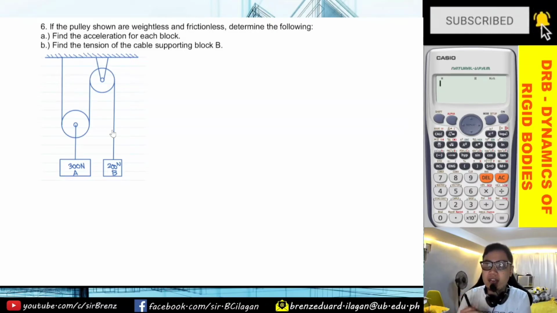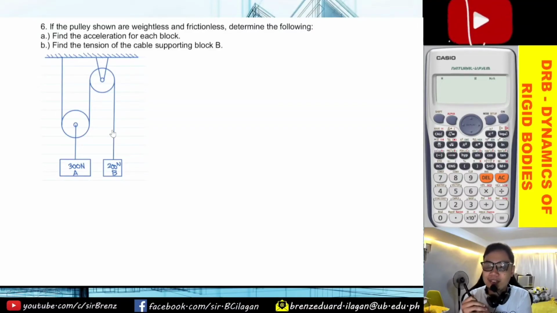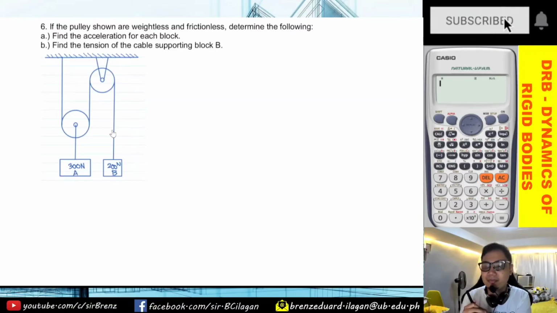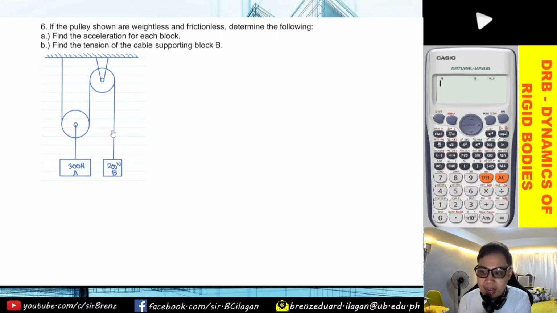So kaya gumagamit ng pulley is para yung 200 Newton na yon kaya niyang bumuhat ng mas malaki sa kanya. Hindi ka naman gagamit ng pulley para mas lumiit yung force na kaya mong higitin diba? So nonsense, buhatin mo na lang siya directly kung ang kaya lang niyang buhatin is less than 200, diba? So ang tama kasing galaw nito is tataas yung block A mo, ayan, and bababa si block B.